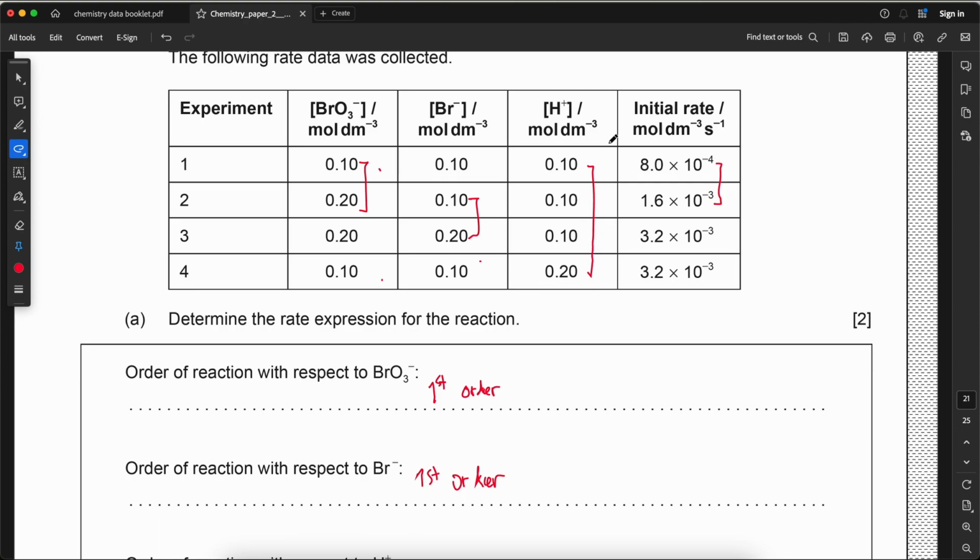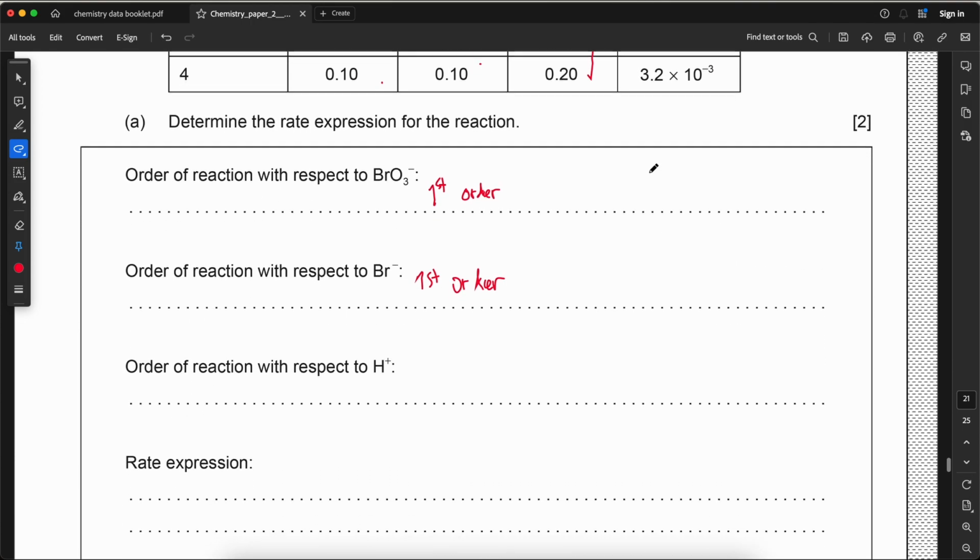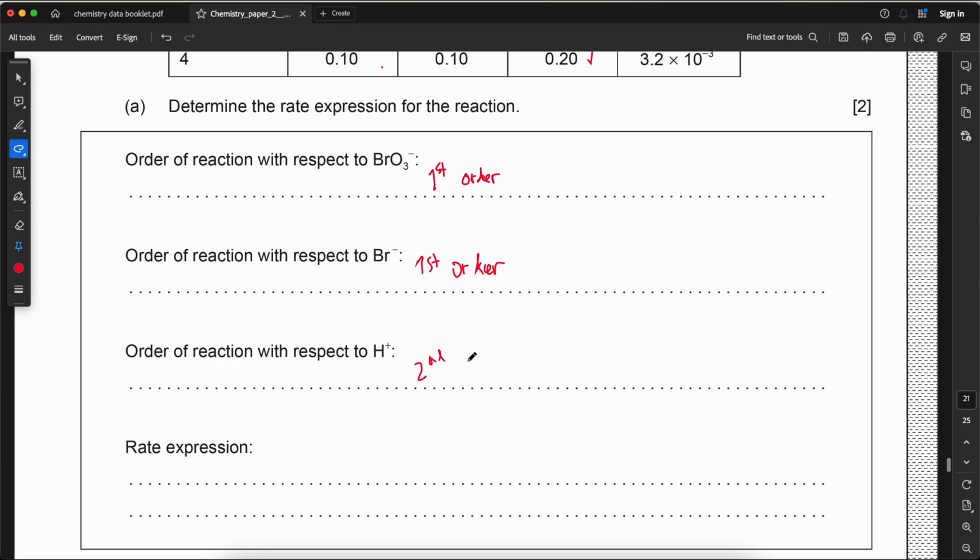Double the concentration, 32 divided by 8, which is 4, so it's quadruple. Therefore, second order. If the concentration doubles and the initial rate stays the same, that would be zero order.